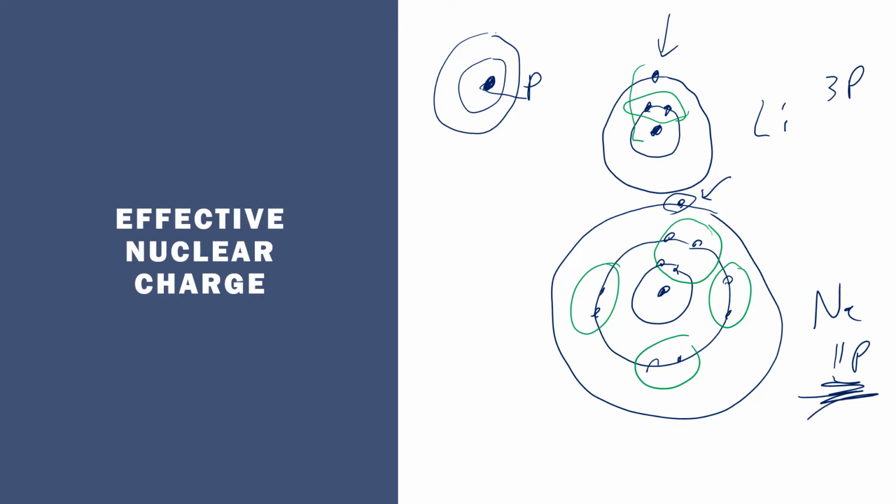So it's kind of a weird concept, but we're going to talk about effective nuclear charge most of the time. And it's all based on Coulomb's law. So even though sodium has a much greater actual charge, the distance and the interference from the other core electrons both affect the actual attraction felt by that outermost electron from the nucleus.